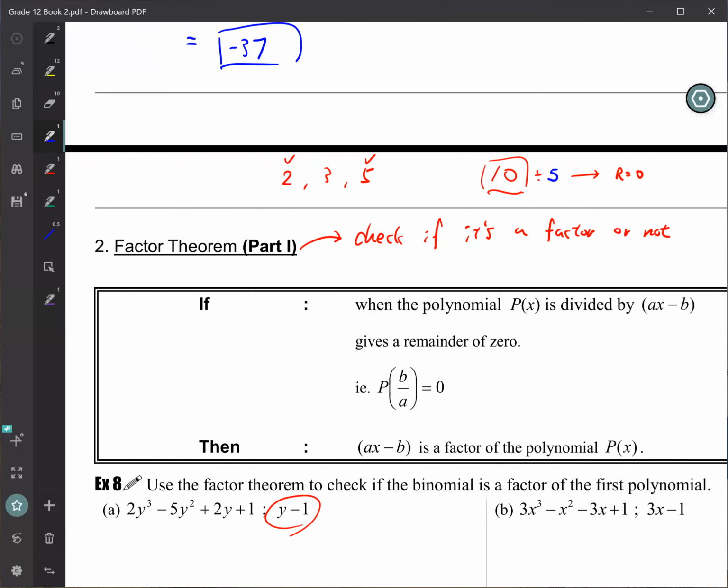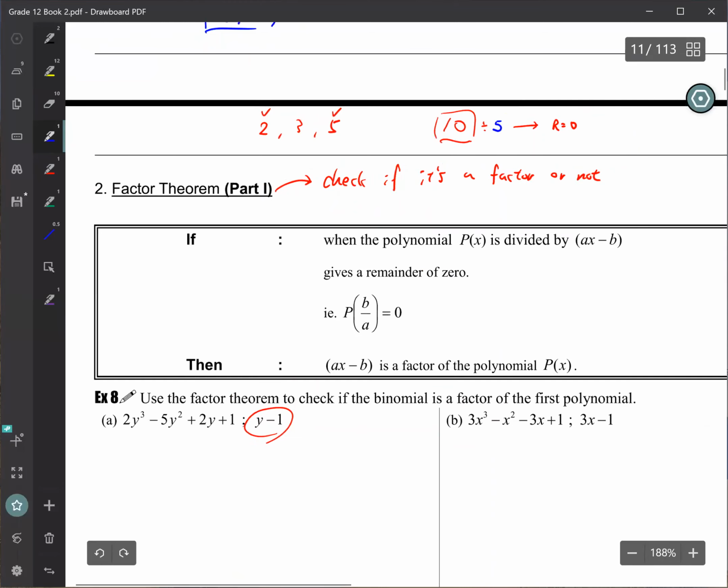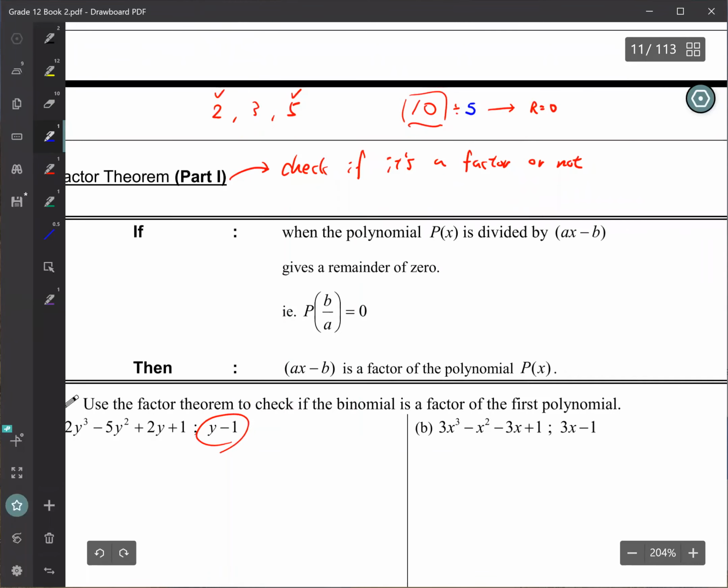So the idea is if the remainder gives you 0, then we know it's a factor. Okay, so let's look at the sentence in the box. It should make more sense now. If the polynomial p of x is divided by this, the divisor, and has a remainder of 0, which means p of divisor equals 0, then the thing you divided by is a factor.